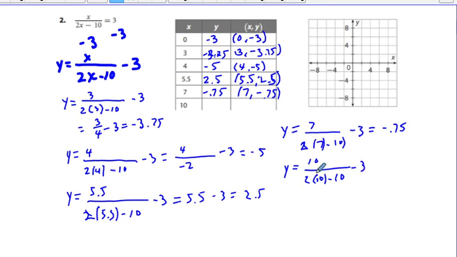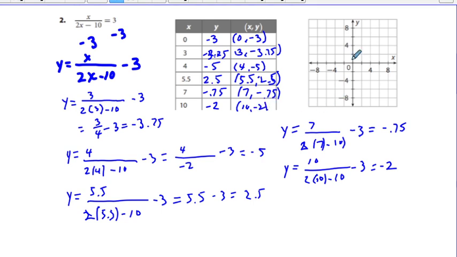So we'll have 20 minus 10. That's going to be 10. So that's 10 over 10 is 1 minus 3, we get negative 2. So now we get negative 2 here. We get 10, comma, negative 2.